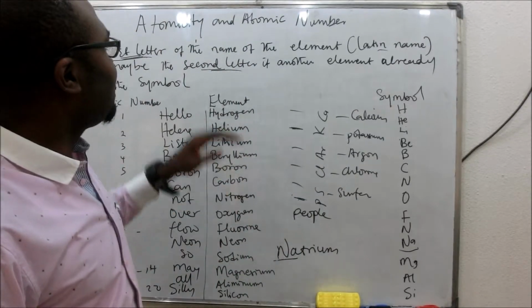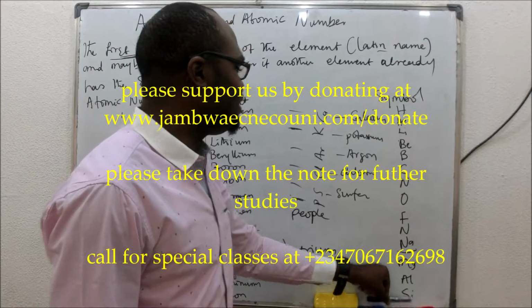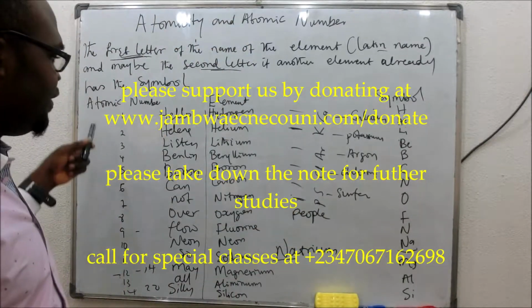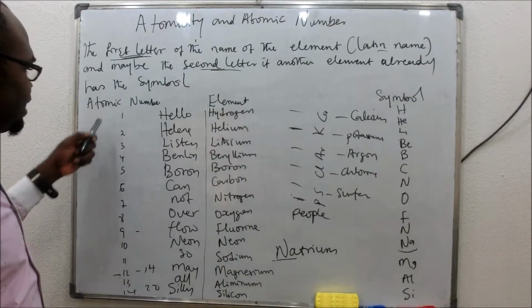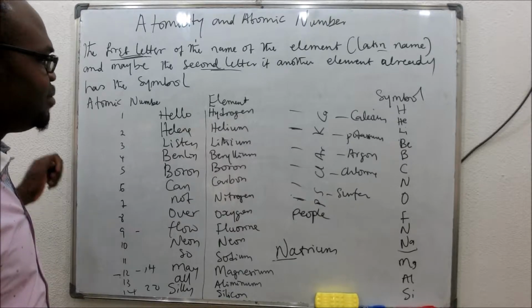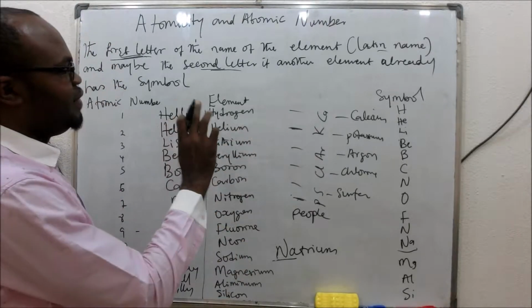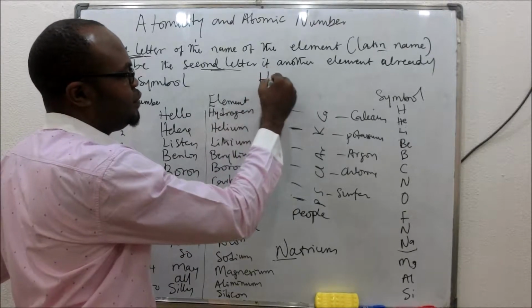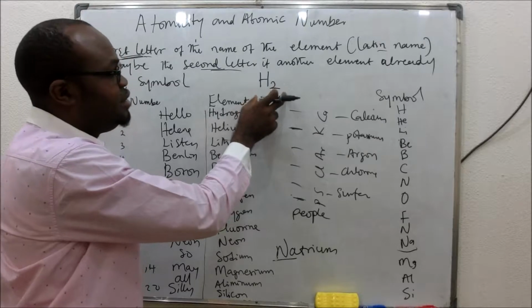Now, we are going to look at atomicity and atomic number. These are the atomic numbers of these very elements, starting from 1 down. Now, atomicity simply means the number of atoms in the molecule of a given element. So let's say we have H2. This is how the molecule of hydrogen is.